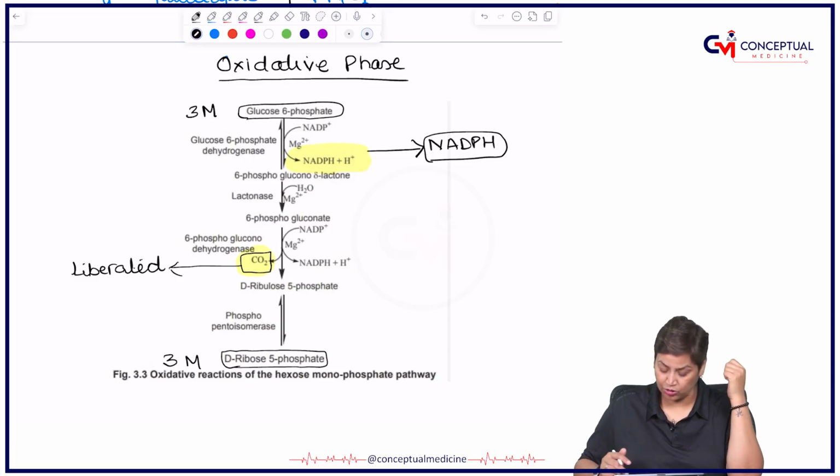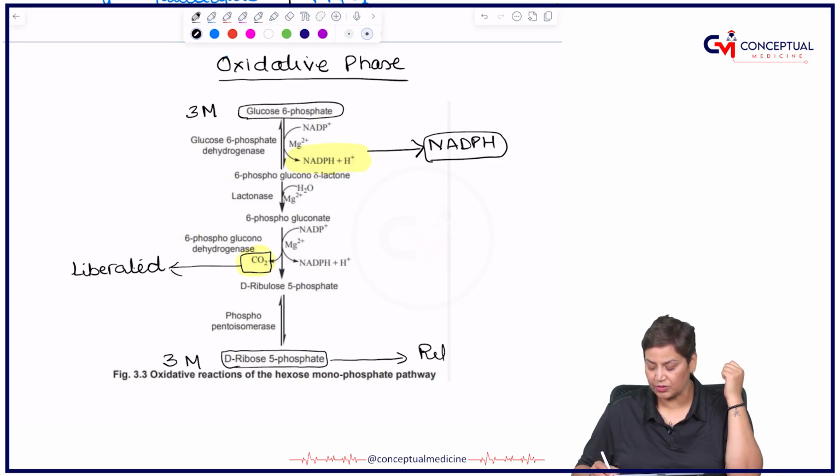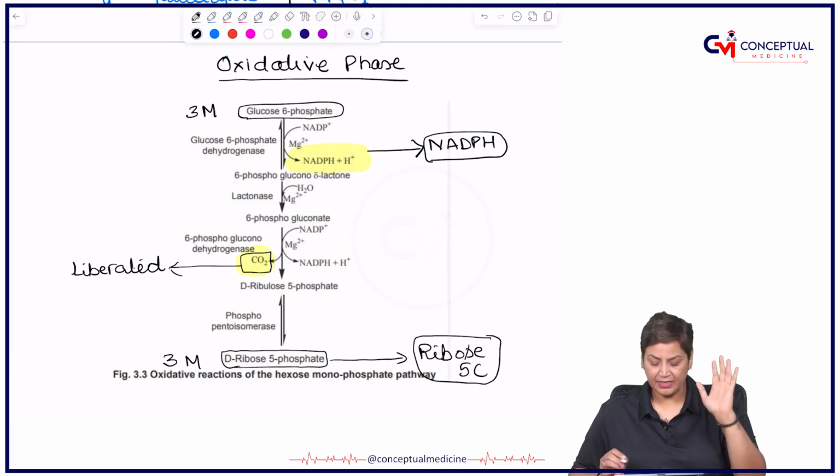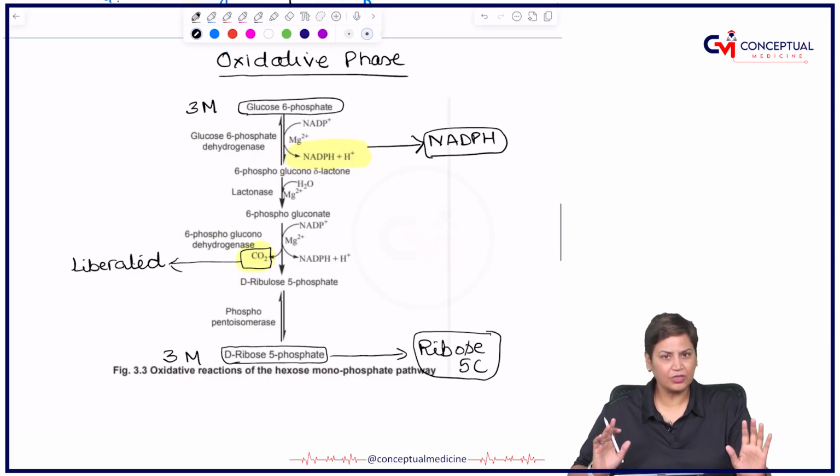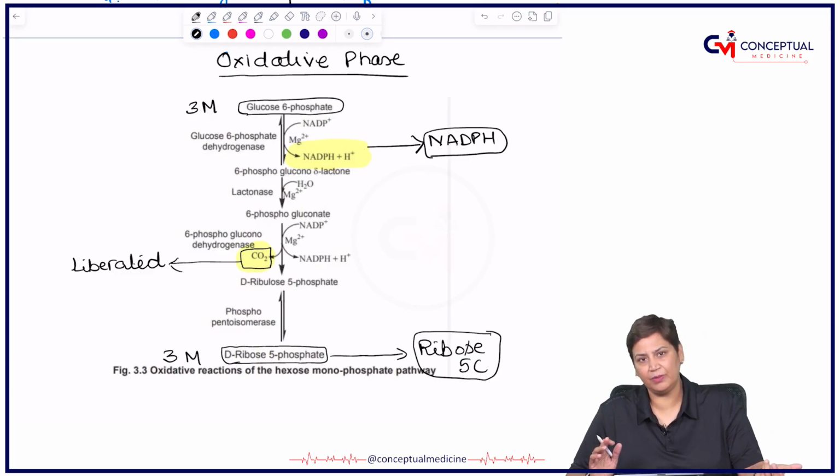And we can also see ribose is also being produced. Ribose, which has how many carbon atoms? 5 carbon atoms. Right? So in the oxidative phase, we know oxygen is there. In the presence of oxygen, reduction will be there.